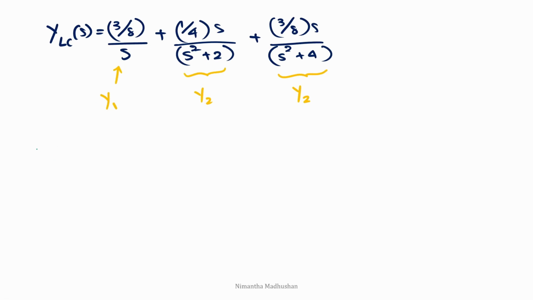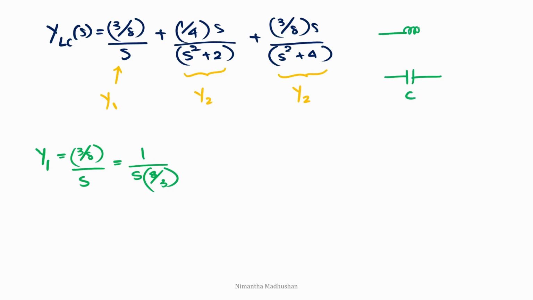Now I will consider y1 first. It is equal to 3 over 8 over s. I can rearrange it as 1 over s times 8 over 3. Then if this is an LC network, if we consider a capacitor and inductor in the frequency domain, the impedance of the inductor is sL, and the admittance of the inductor is 1 over sL.